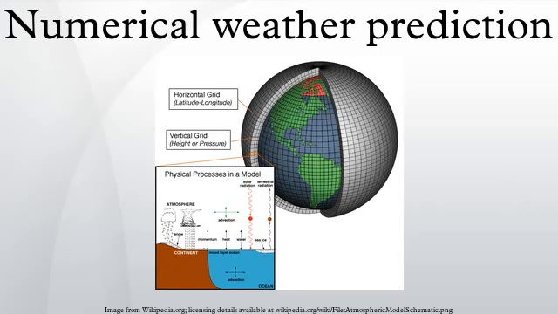Domains. The horizontal domain of a model is either global, covering the entire Earth, or regional, covering only part of the Earth. Regional models allow for the use of finer grid spacing than global models because the available computational resources are focused on a specific area instead of being spread over the globe. This allows regional models to resolve explicitly smaller-scale meteorological phenomena that cannot be represented on the coarser grid of a global model.